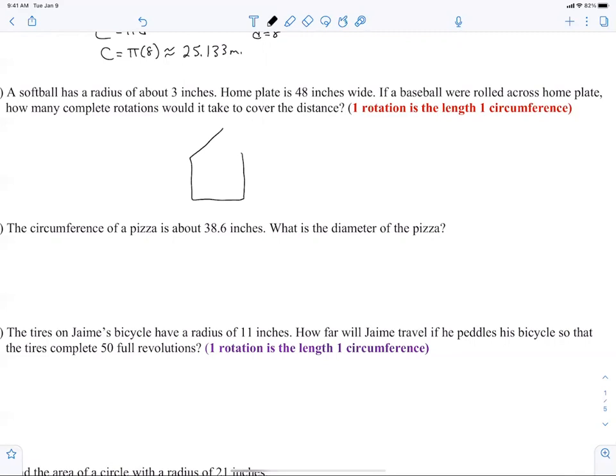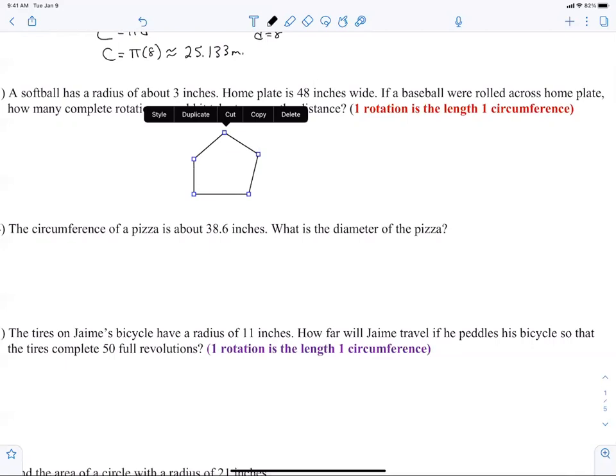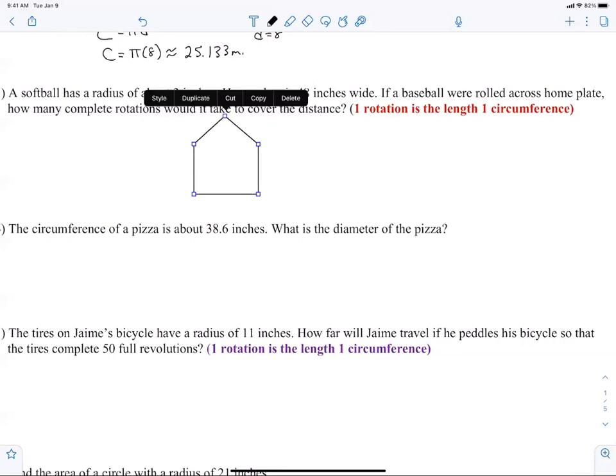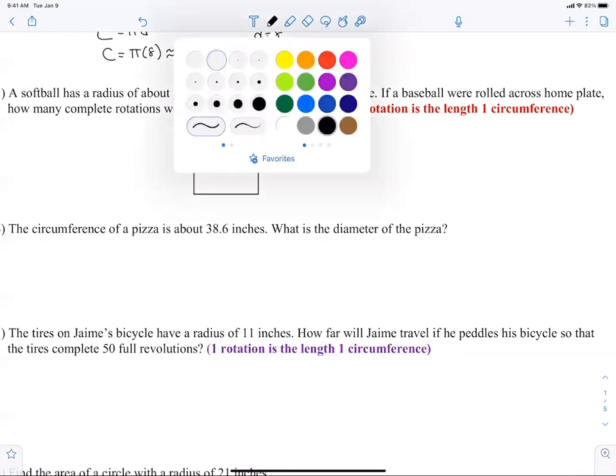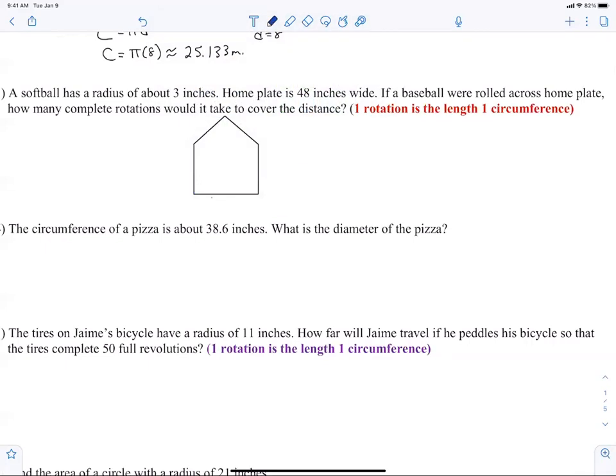The home plate is just a pentagon. Looks something like that. And in this picture, they're telling you that for whatever reason, it's 48 inches wide. Now you have a ball that has a radius of 3 inches.